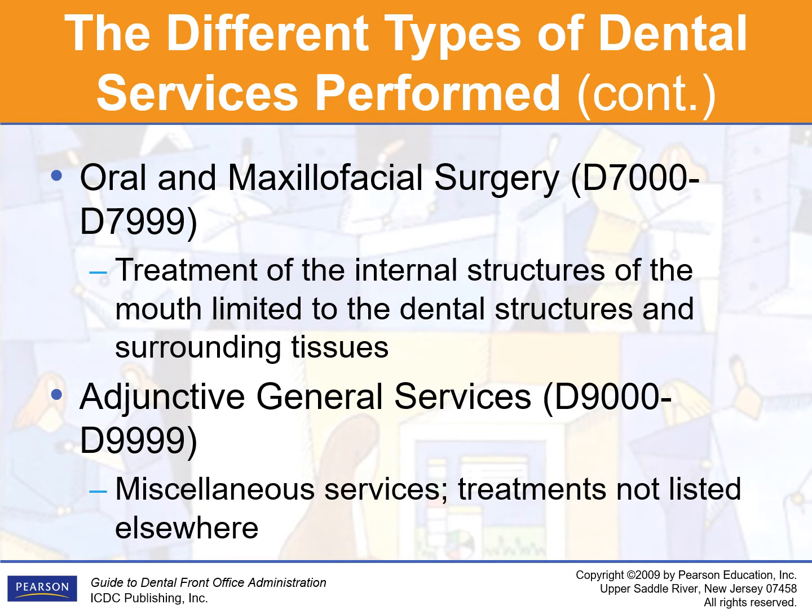Here's some more types. You have your oral maxillofacial surgery, and that's where you would go in for any treatment for the internal structure of the mouth, the dental structure and the supportive tissue that's around each tooth. Okay, so for example, wisdom teeth would fall in that area.